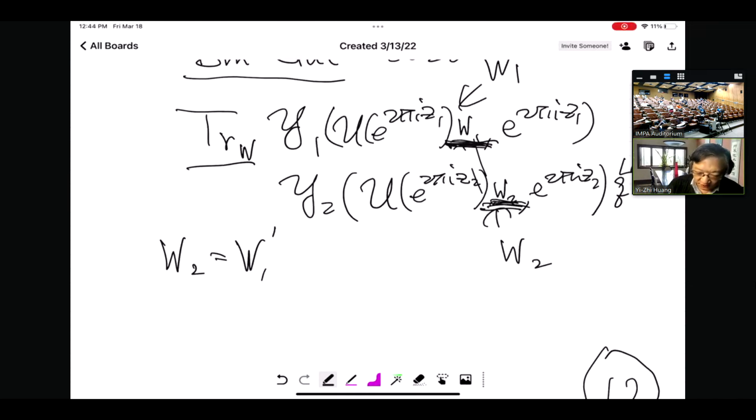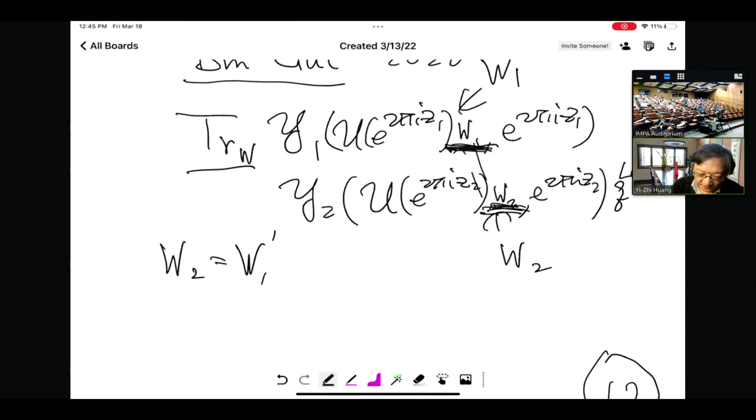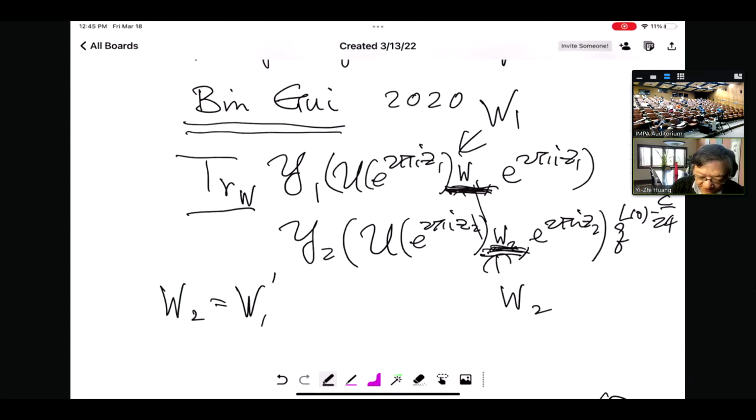Okay, so for high genus, the main thing is that I do not really know such a decomposition of functions on a high genus surface into meromorphic functions on a low genus surface. So at that time, I proposed this as a conjecture. And then Bingui was very interested in this problem.